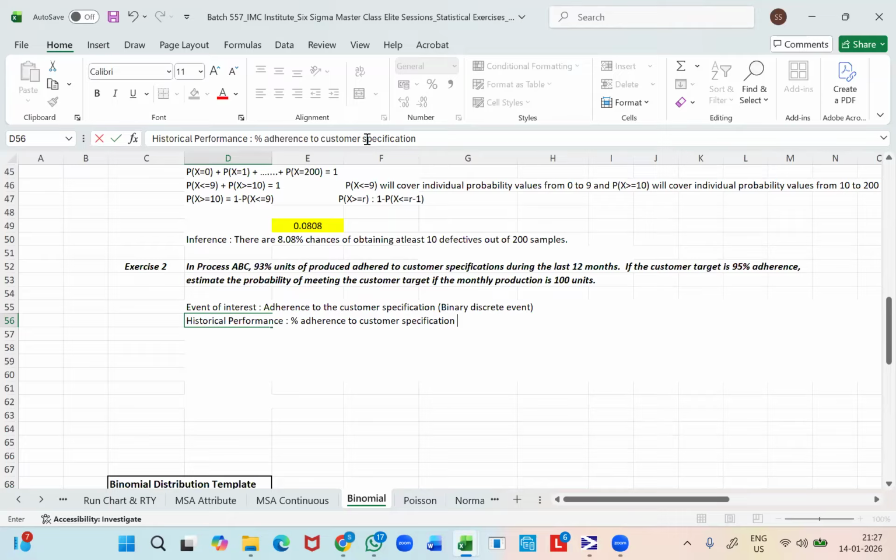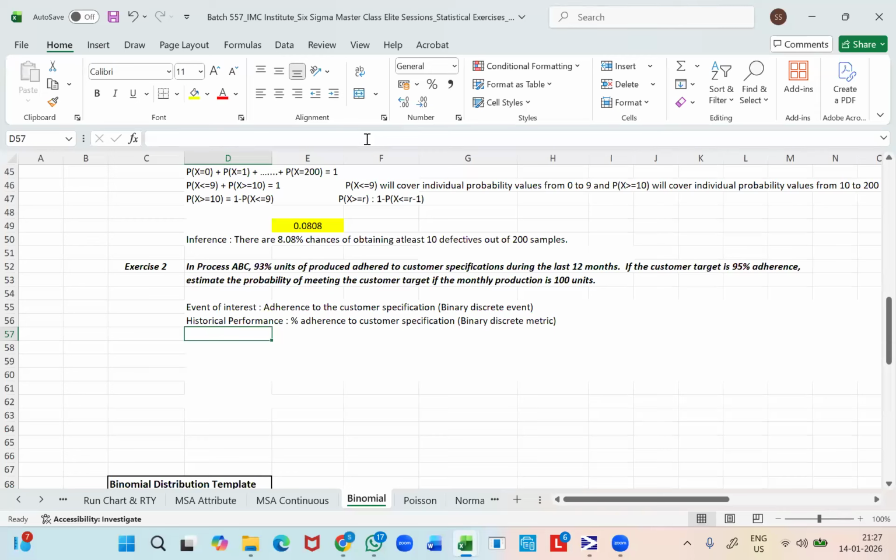This will be a binary discrete metric, and hence we need to use binomial distribution logic to solve this exercise. This is how we need to identify the appropriate probability distribution logic we are supposed to use for solving a case scenario.